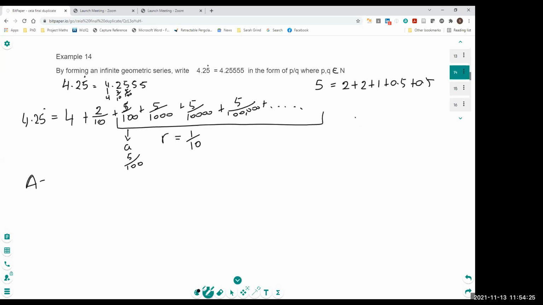As r is greater than or equal to -1 and less than 1, it's in between 1 and -1, it's a fraction of the form p over q equal to 1 over 10. Because it's in that form, we can use the S to infinity formula of A over 1 minus R.